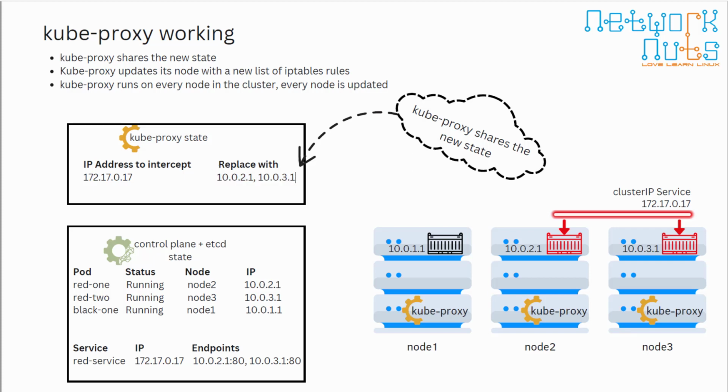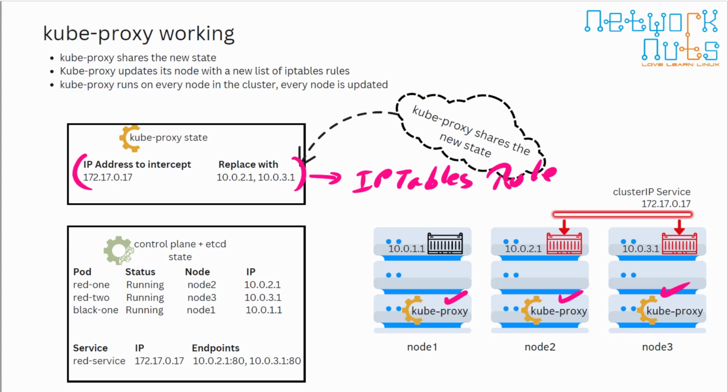Now this is the rule, right? What Kube-Proxy does, it converts this state entry into IPtable rules, right? It converts this into an IPtable rule, and we know that the Kube-Proxy is running on every machine, right? Now what happens then?